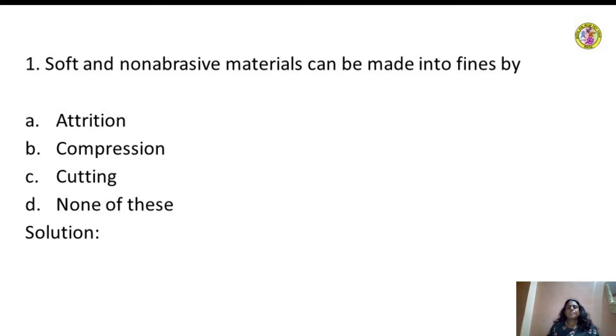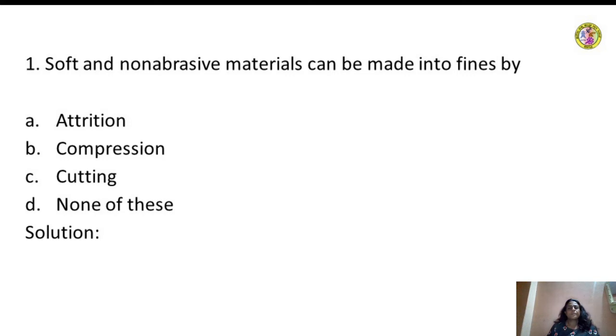Soft and non-abrasive materials can be made into fines by dash. That means you are supposed to give the right kind of force that is used for reducing soft and non-abrasive materials to fine size. The options given to you are A, attrition; B, compression; C, cutting; and if none of these is the correct answer, you can go for the last option, D. Think about the question and give an answer, and later I'll give you the right answer so you can verify your answer.